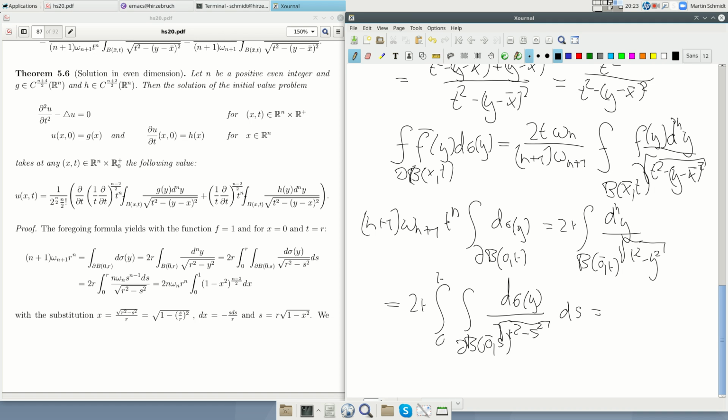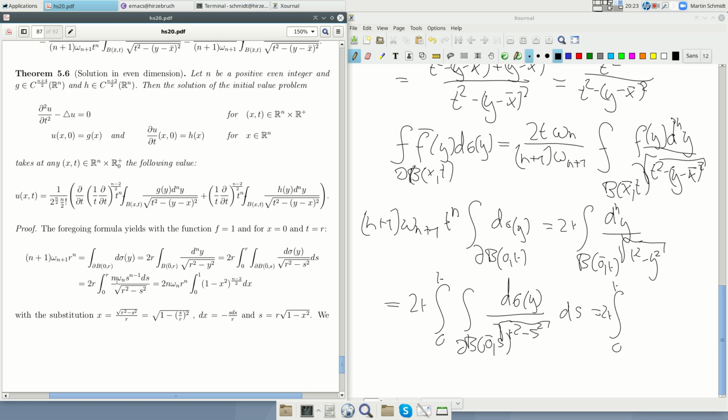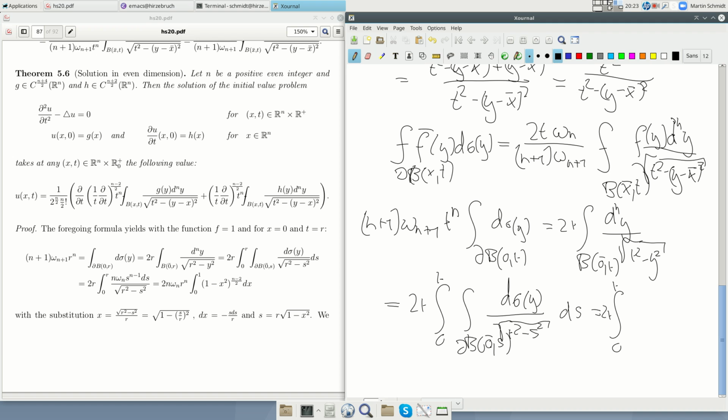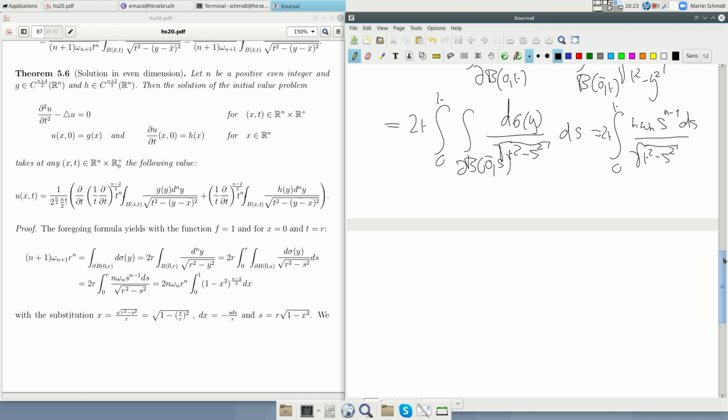Then we get 2R, which we leave outside, integral from 0 to R, and taking this integral over this ball just gives n omega_n s to the power of n minus 1 ds divided by square root of R square minus s square. Okay, and now we make a substitution.